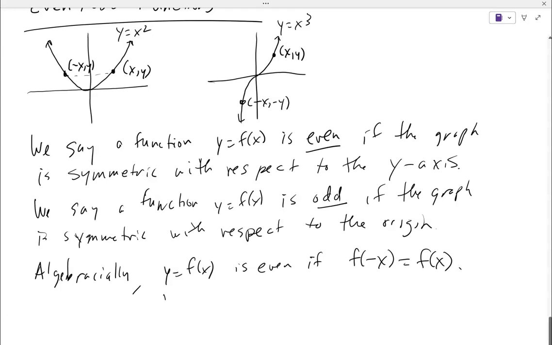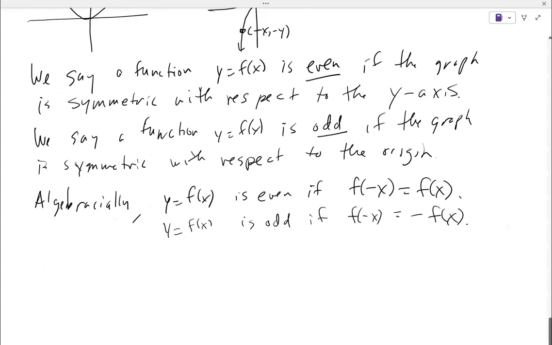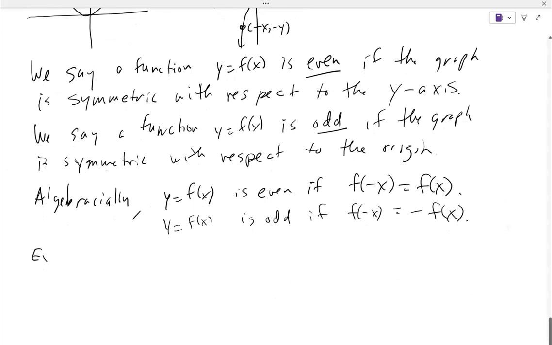So y equals f of x is odd if when you put negative x in for x, you get the exact opposite out for f of x. Literally everything's been multiplied by -1. So let's do an example or two here, emphasizing what we're talking about.